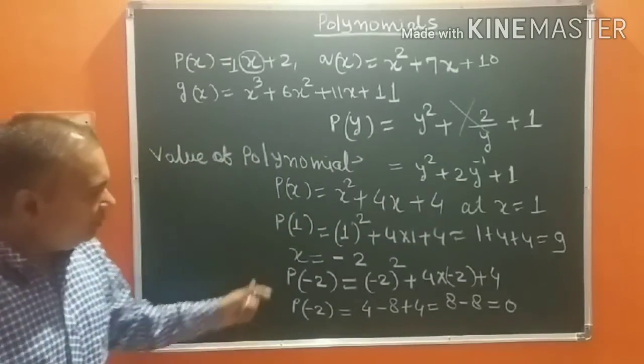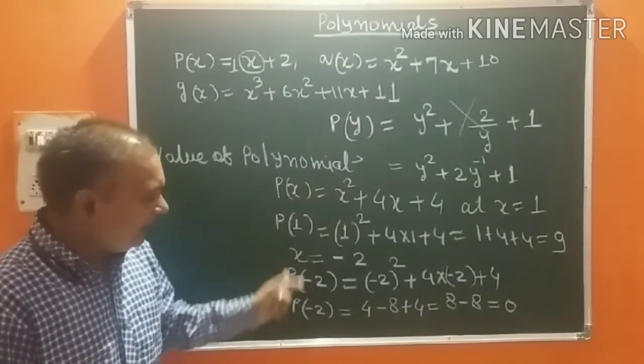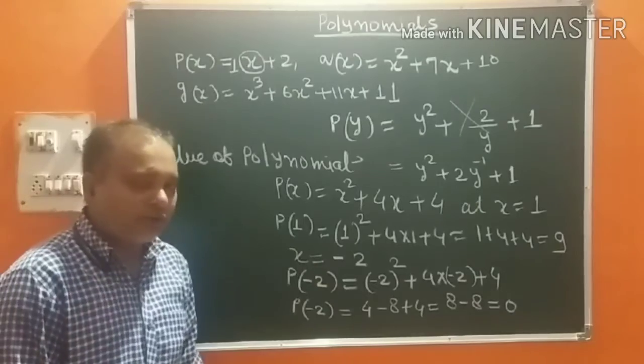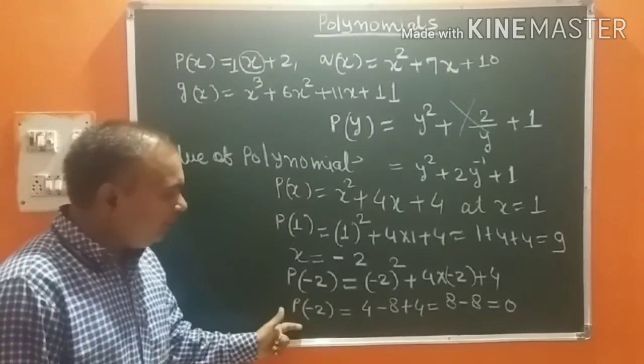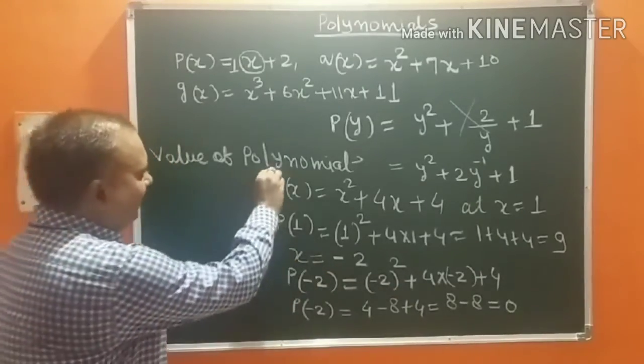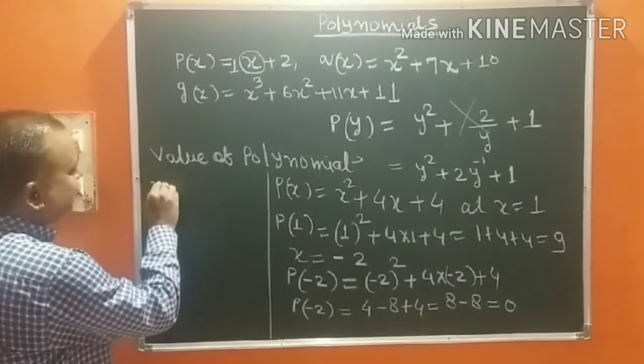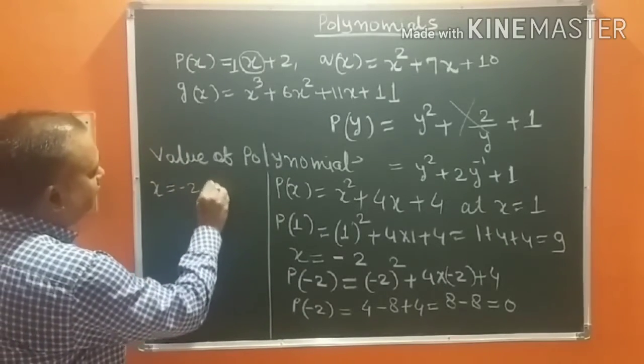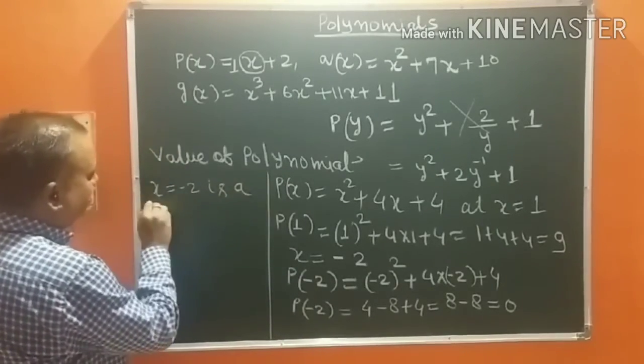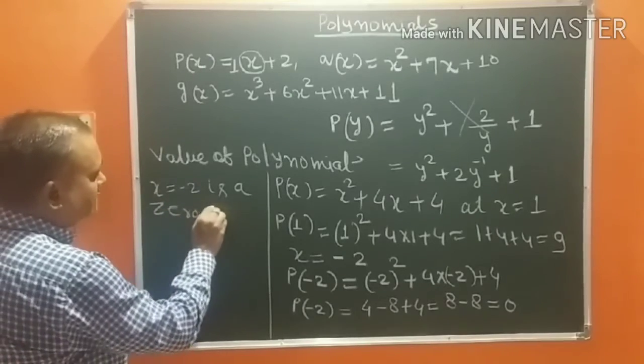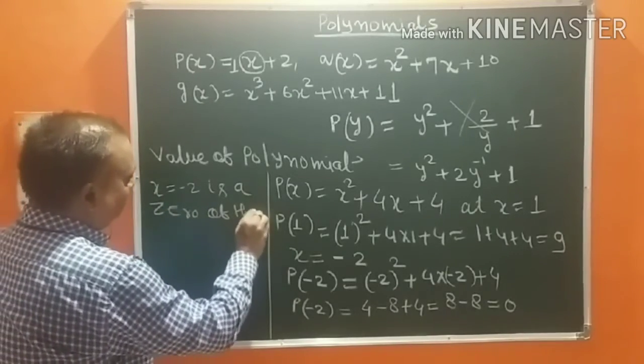Now look here. In this polynomial, when I put x equal to minus 2, the value of this polynomial becomes 0. So we can say x equal to minus 2 is a zero of this polynomial.